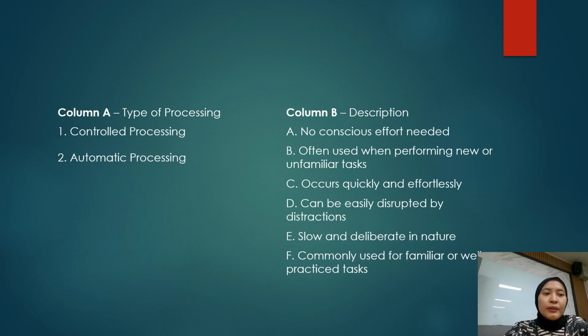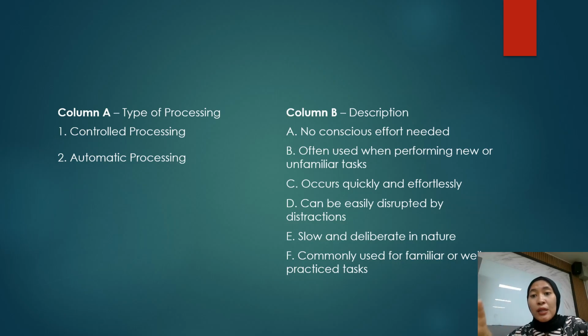Okay, so the last slide is the end of the material. The next slide, starting from this slide, is the exercise or the assignments that you need to do. The first one, for example, is to match column A with column B. Column A has the types of processing, controlled and automatic processing, and column B has the descriptions.